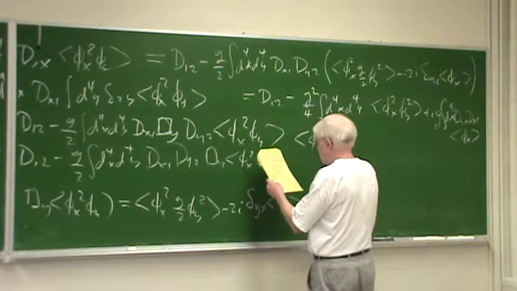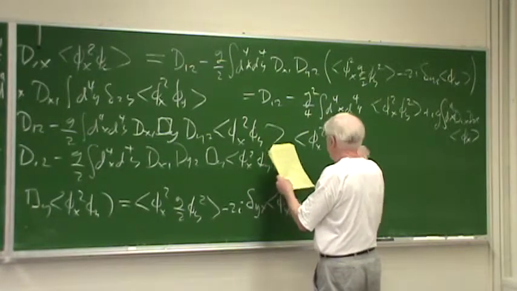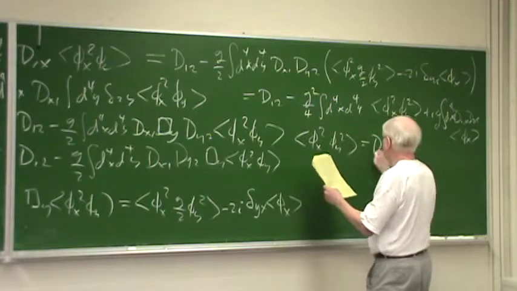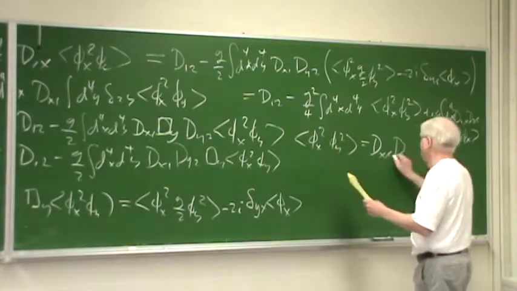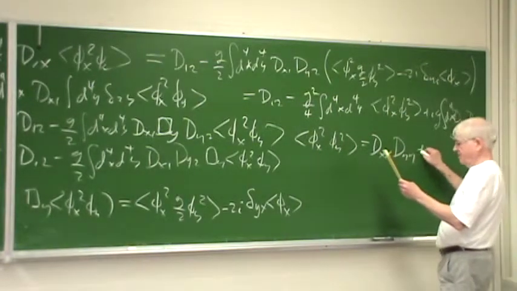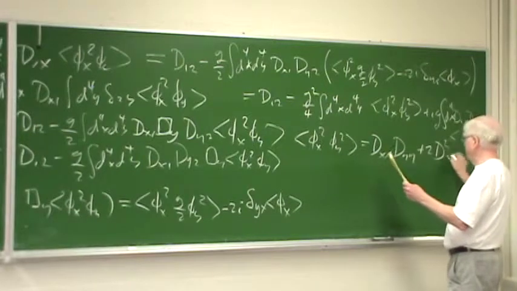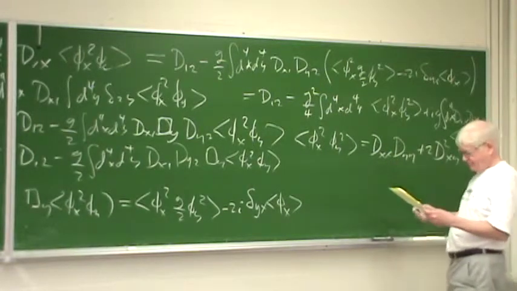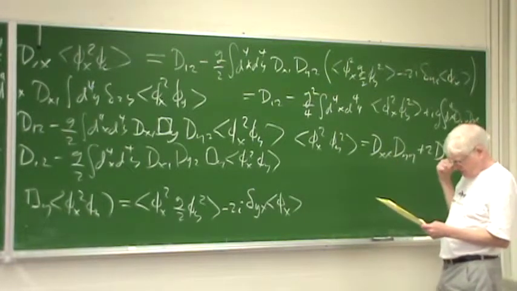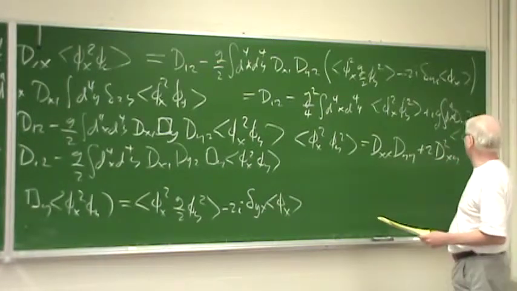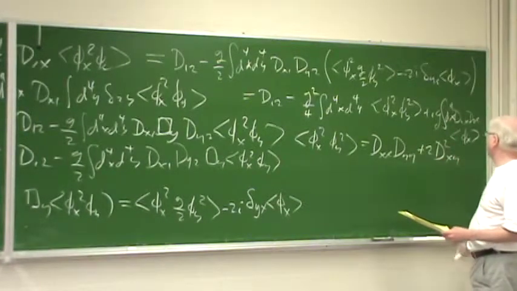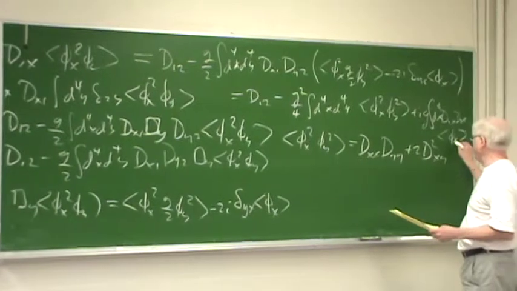So this is φ(x)², φ(y)², then the lowest order is Dxx Dyy plus 2D²xy, where g equals 0. And over here, we have a φ(x).